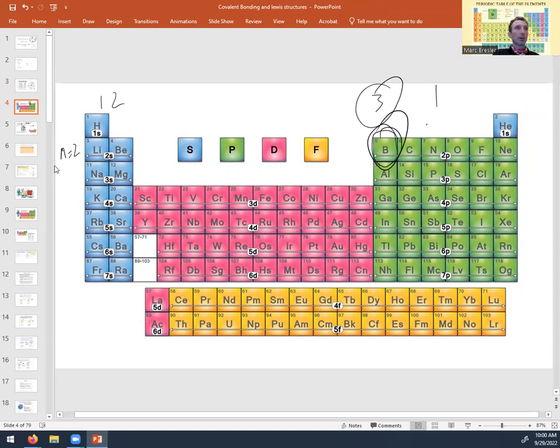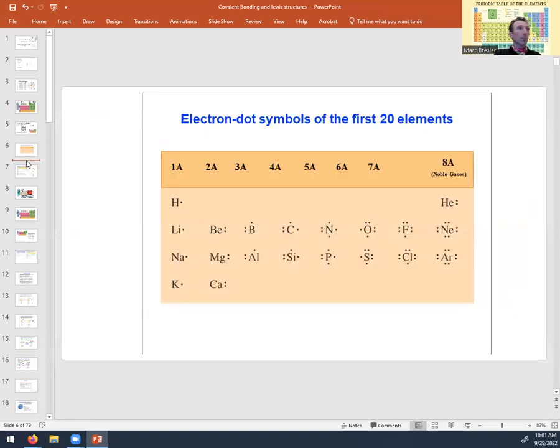So that'd be 2s2, 2p1. So you count those 2 plus 1 is 3 valence electrons. So you have boron, and you can put them around like that. 1, 2, 3 valence electrons. So here's the electron dot symbols for the first 20 elements.